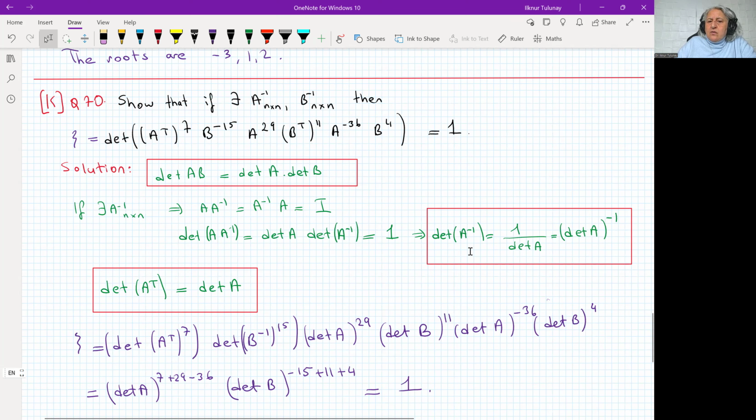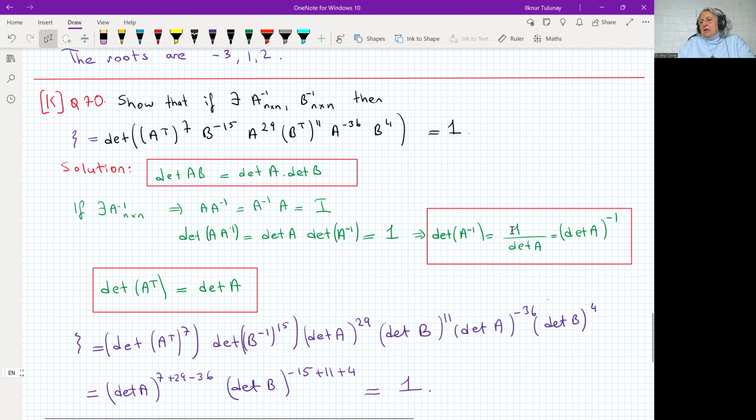So I can take this determinant of A to the right-hand side. So determinant of A inverse is really 1 over determinant of A. Basically, I can take the inverse outside the determinant, because this is just a rational number, like 1 over 2, that is 2 inverse.